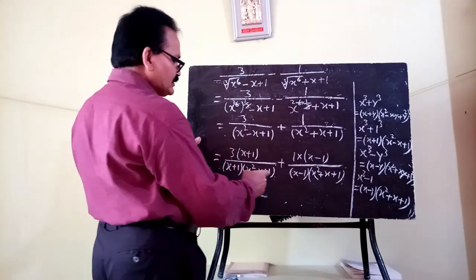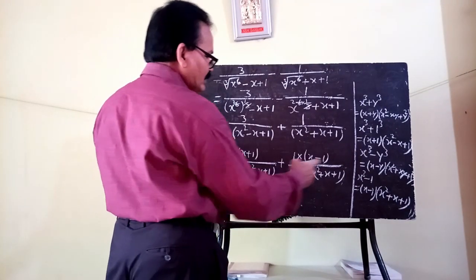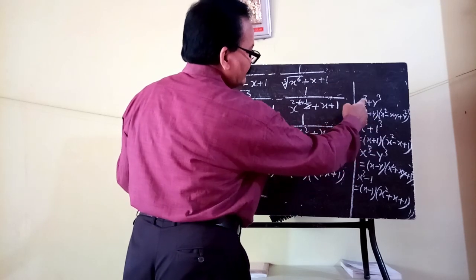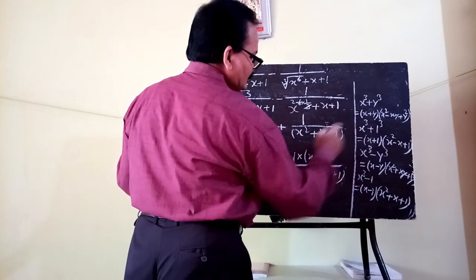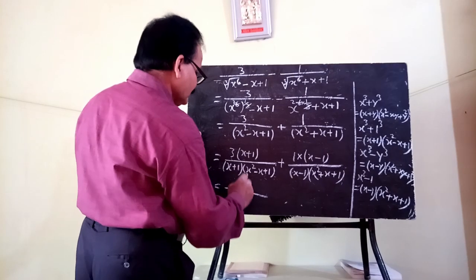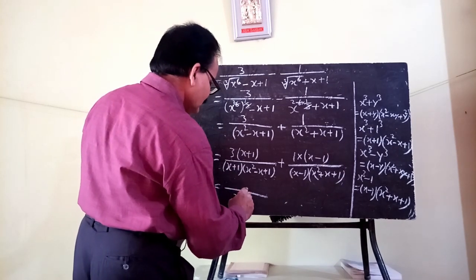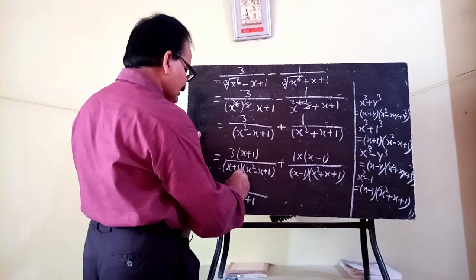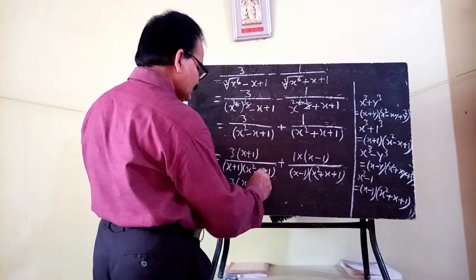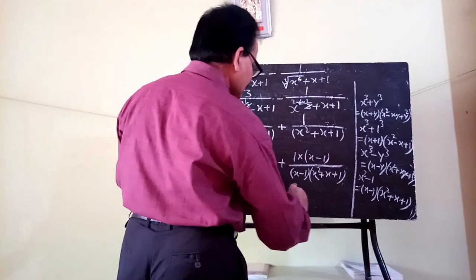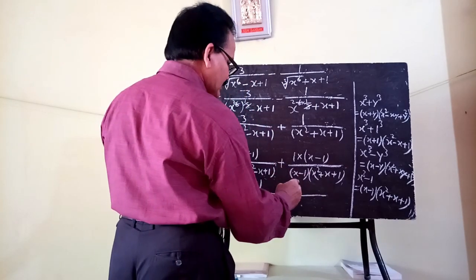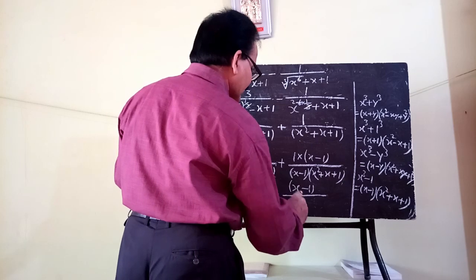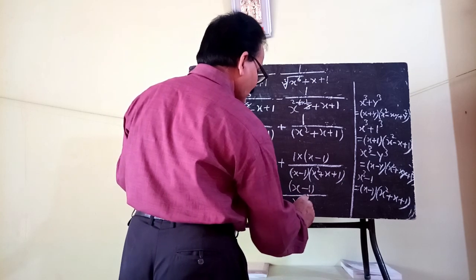x plus 1 into x square minus x plus 1 is your x cube plus 1. Okay, and in the numerator it is x plus 1 minus, here you see, x minus 1, and in the denominator it is x cube minus 1.